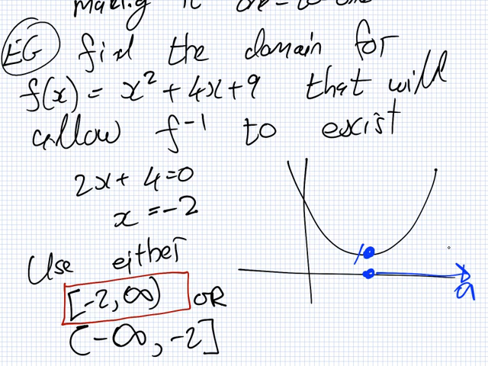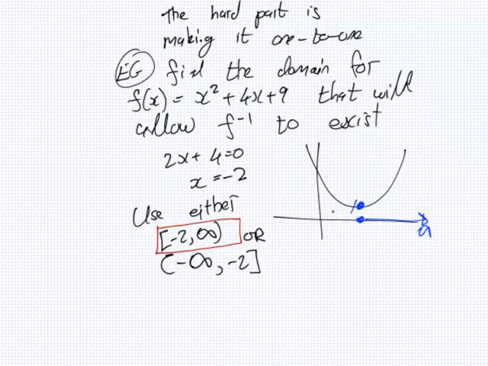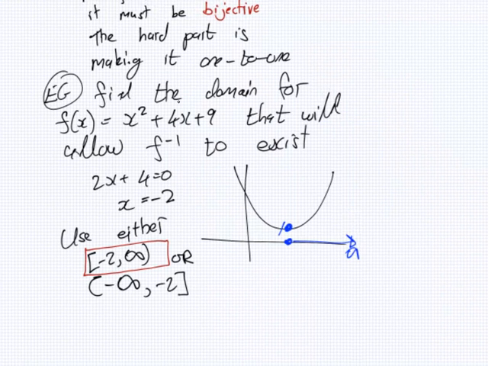If they ask you to find a domain, unless they ask you for both, you should only need to give one. The words have to be careful. I miswrote. Sorry, Bruce. I should have said here, find a domain. Just find one possible domain.